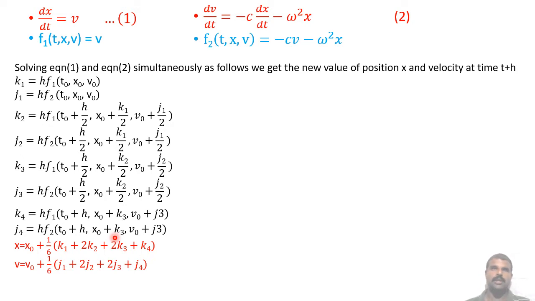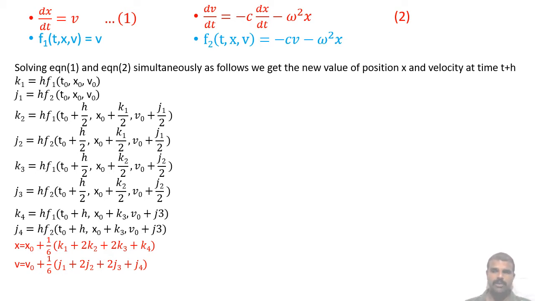So in every step we replace every x with this new x, and we replace every v with this new v. Fine. So that is the step. When we explain the algorithm and the program, it will be very clear. So iteratively you have to do all these steps to find the next position x and next velocity v at the next instant.